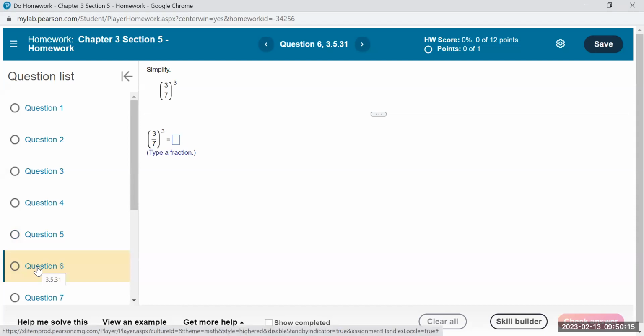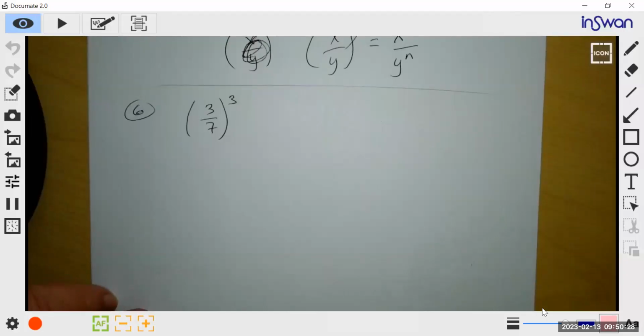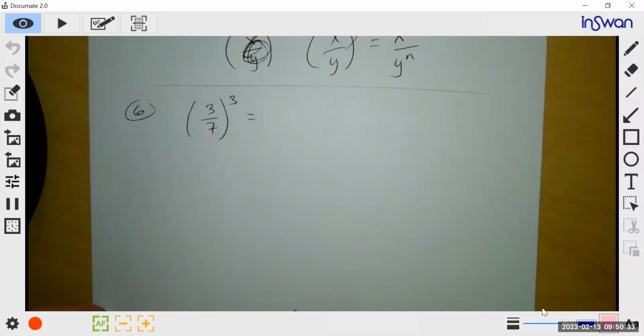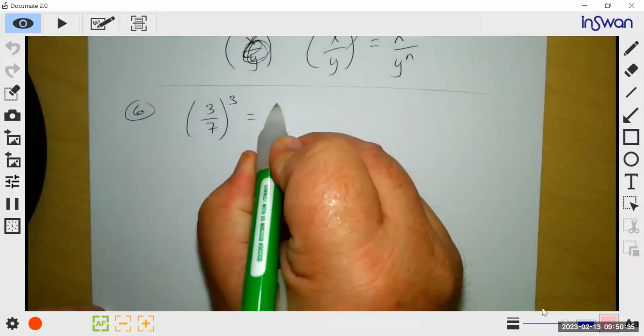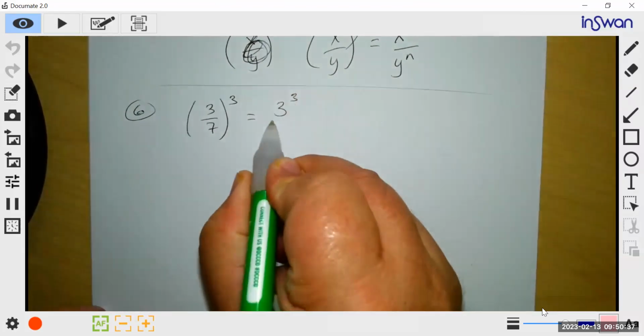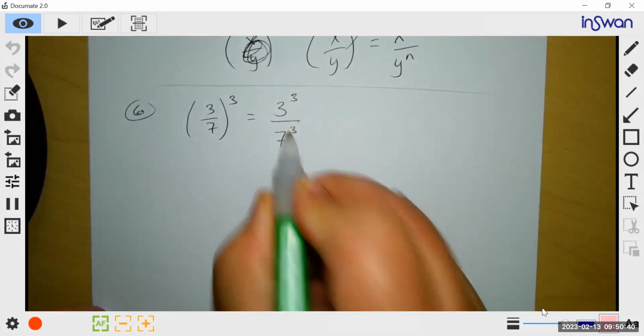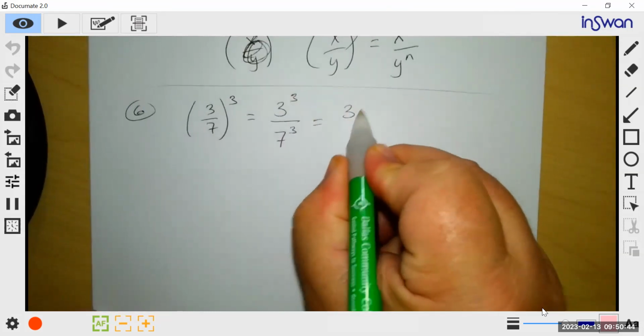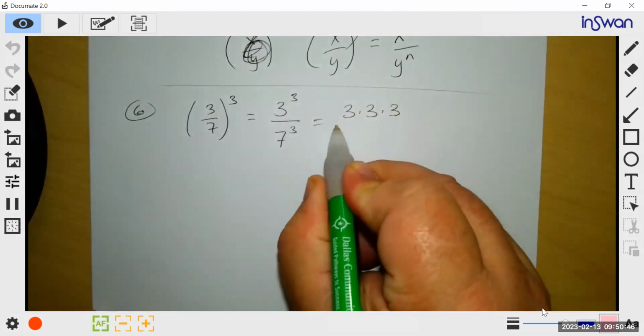Okay, number 6 is 3 over 7 to the third. So this means 3 times 3 times 3.